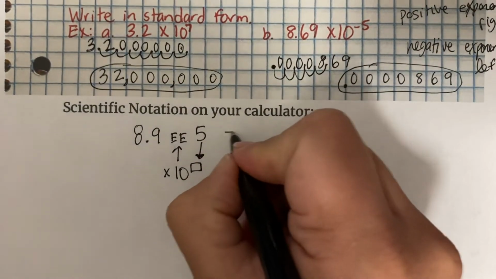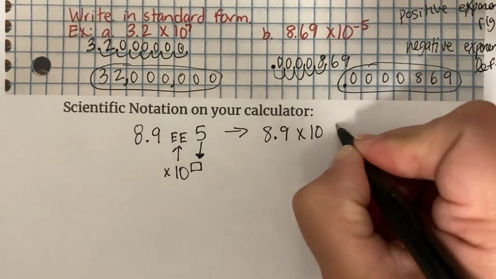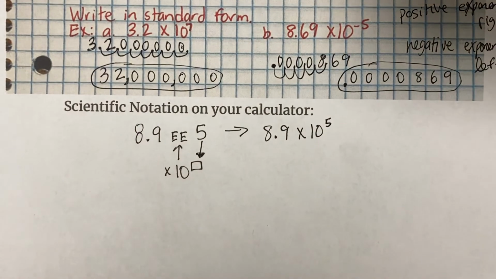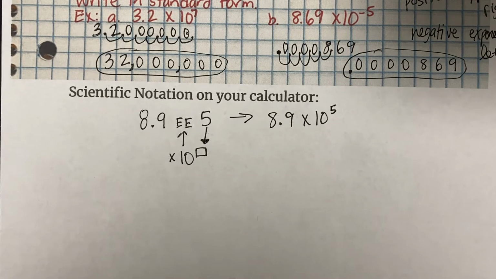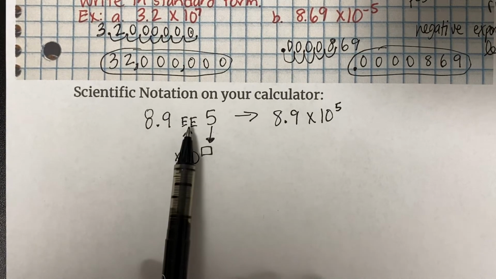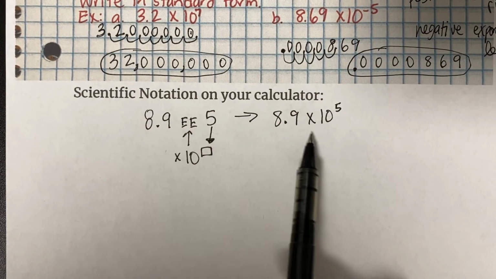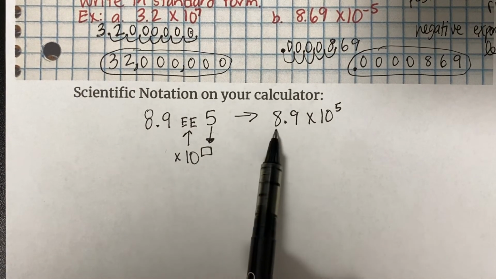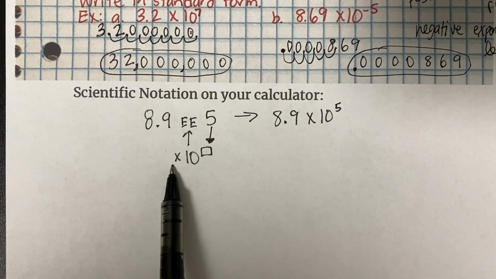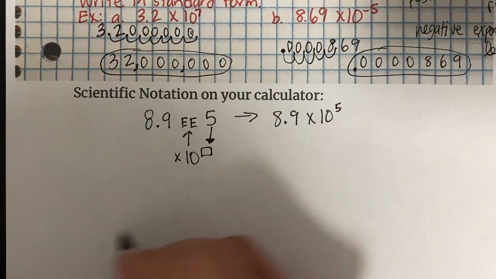So this would be saying 8.9 times 10 to the 5th power. So you're going to have an assignment that asks you, what does EE mean and how do you make it into scientific notation? You just write it out. This is our number. The EE is this part. The 5 is our exponent. Okay, it's going to work the same way.